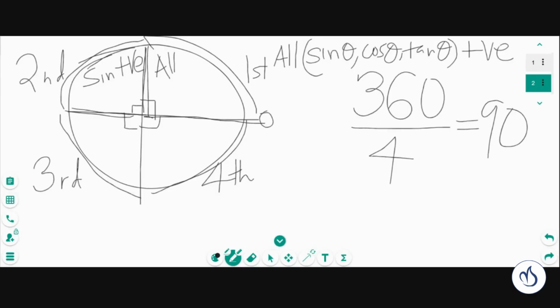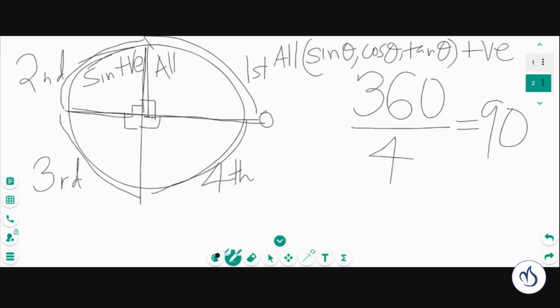You may not get a negative if you have not set your calculator well. Your calculator should be in degrees. Some calculators could be in radians, so you need to set that to degrees. Also, you can press tan of 120, and you get negative root 3 or negative 1.732.